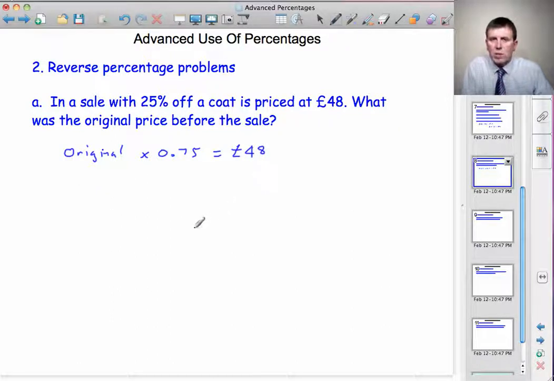Now what we need to do is work our way back. Well, if we started with the original and multiplied by 0.75 to get £48, to go back the other way, we need to divide by 0.75. So £48 divided by 0.75 will get us back to the original.